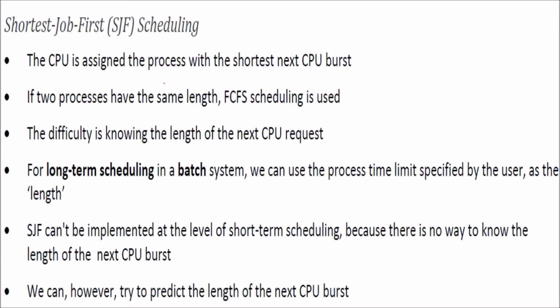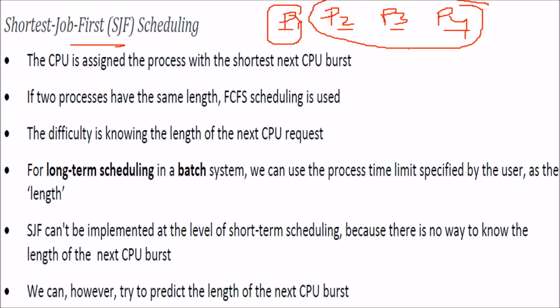Then we have shortest job first scheduling. Now this is not very implementable, because it says that if we have these processes, P1 is executing, then P2, P3, P4, we will try to find out which of them has the shortest time to complete. How to find that?